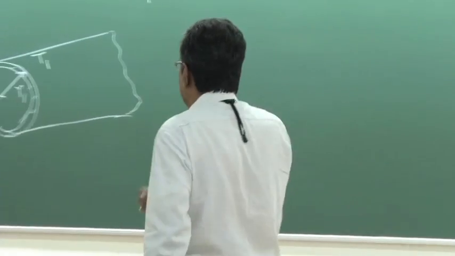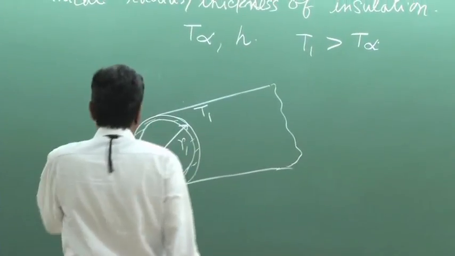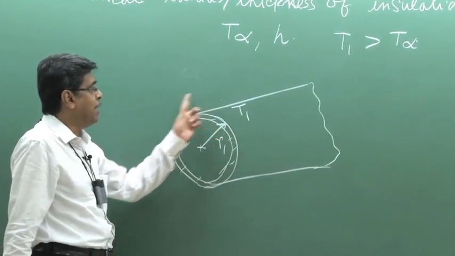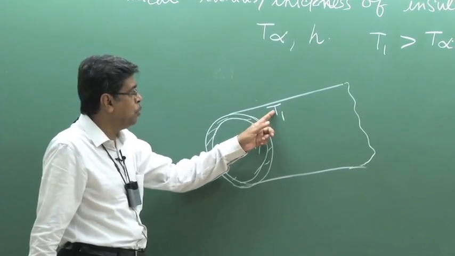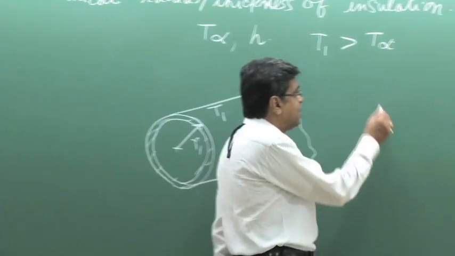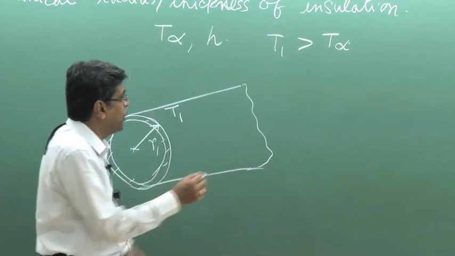Now the question comes: if we do not put insulation over the outer surface, what is the heat loss from the outer surface?